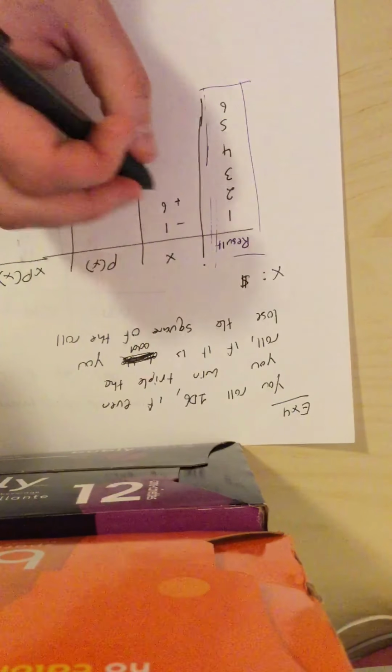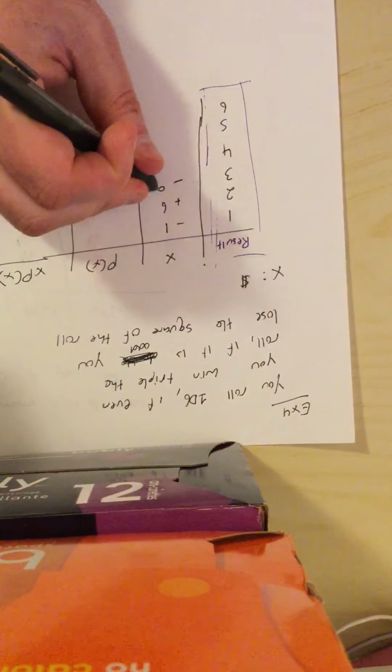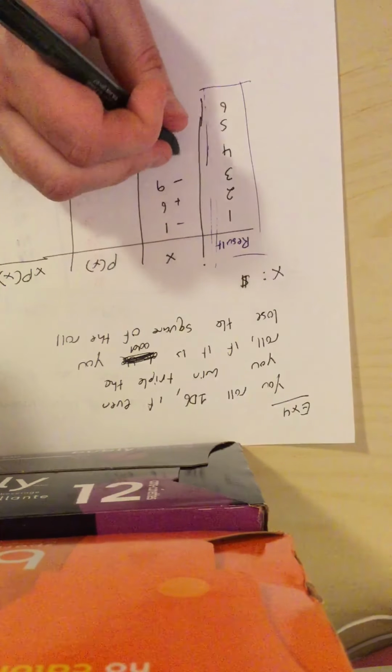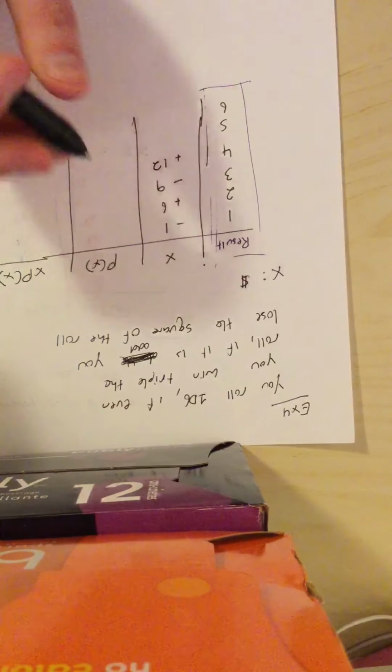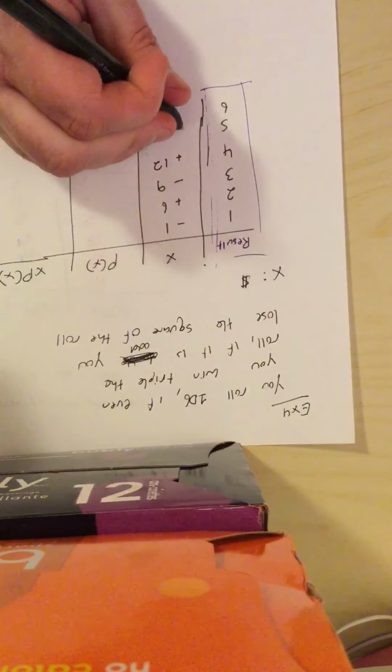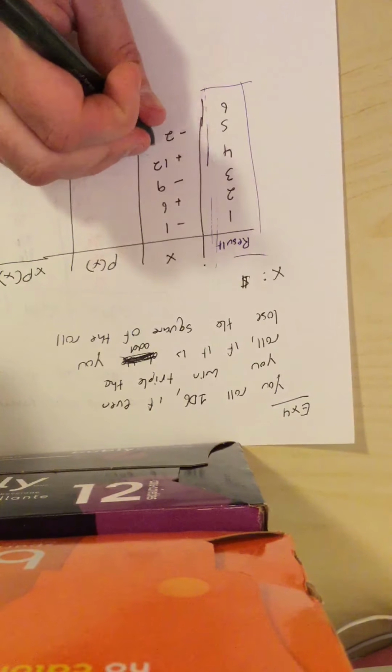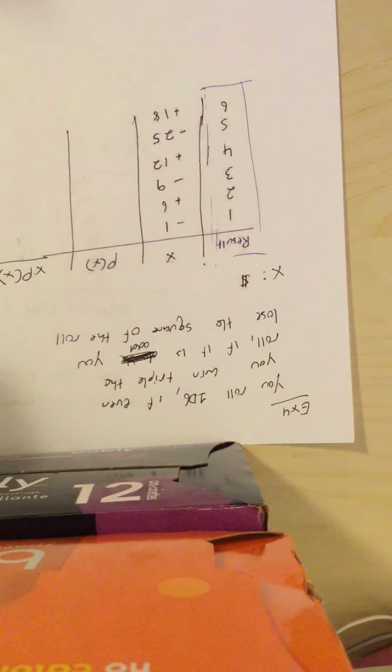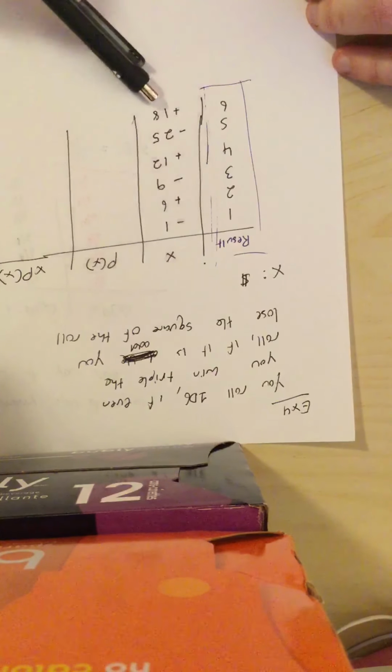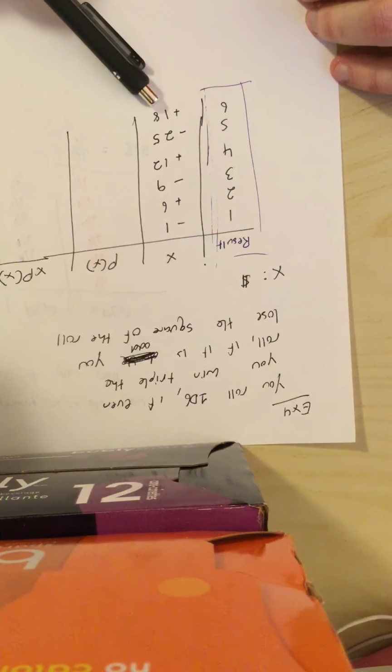If it's 3, we lose 3 times 3, so we lose $9. If it's 4, we win $12. If it's 5, we lose 5 times 5, so the result for that is negative $25. And if it's 6, we win triple that, and that's going to be 18. These are the actual values of the results.